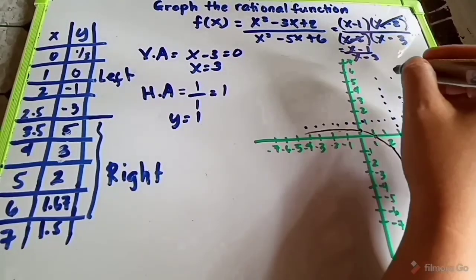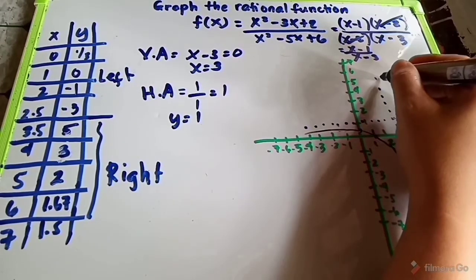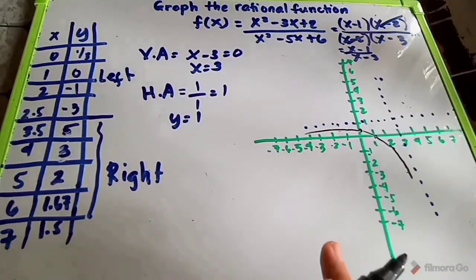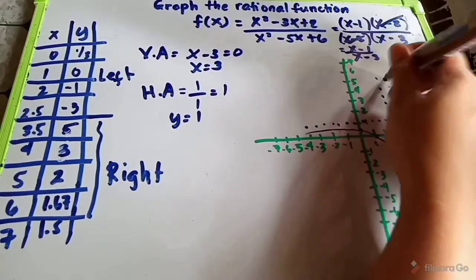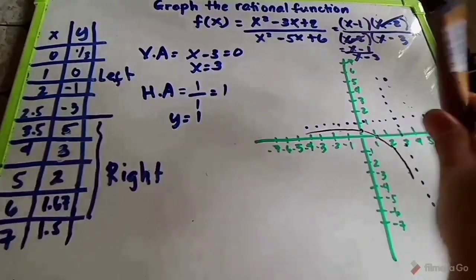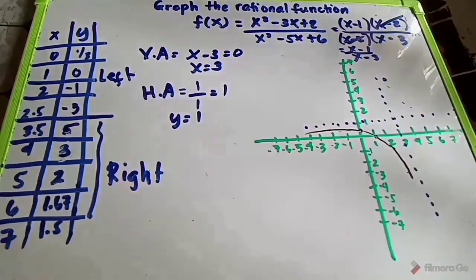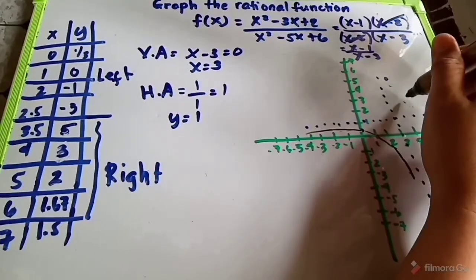So around here. 3.5 here. Take note, 3.5 here. Okay. This one, alignment from 3. Half in between of 3 and 4. Followed by 4 and 3. Where do we place the 4 and 3? Around here.